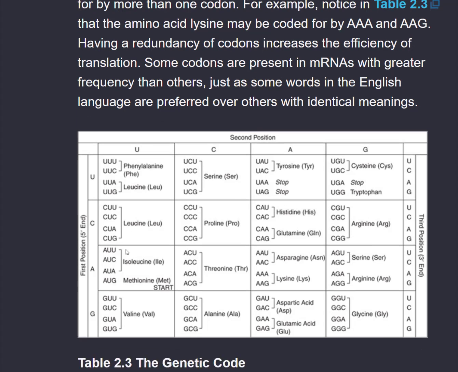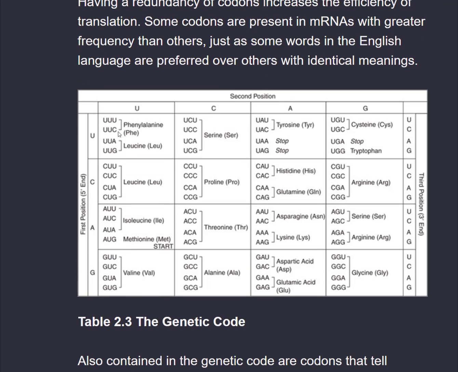This table right here is actually really important. You can see UUU is an example of a codon. UUC is a codon. These 2 different codons code for the same one amino acid. So we have 1, 2, 3, 4, 5, 6, 7, 8, 9, 10, 11, 12, 13, 14, 15, 16, 17, 18, 19, 20, 21.